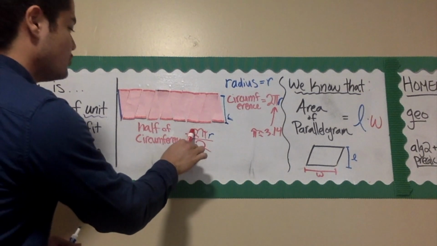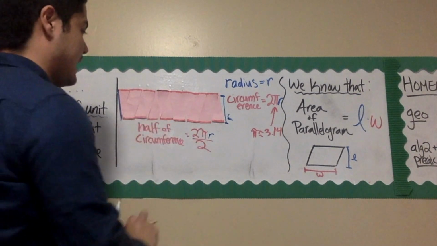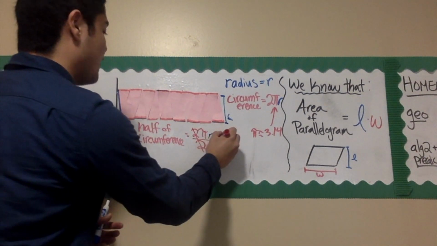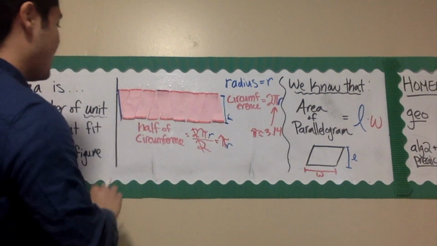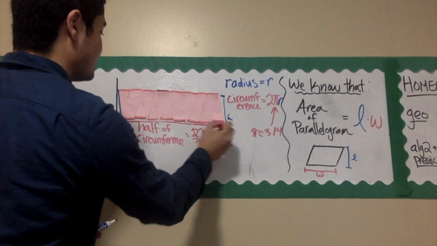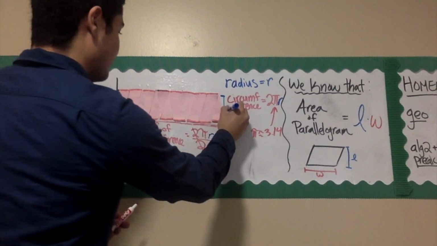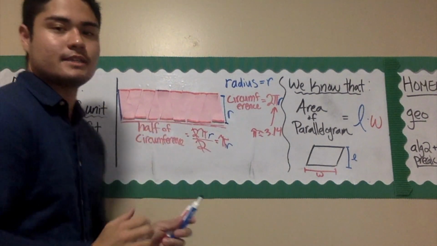So now this 2 in the numerator and the 2 in the denominator, I can cancel those out, and what I'm left with is just pi times r. So pi times r is this whole bottom length right here, and the side length is r. Okay, cool. So now we have the measurements of the sides.